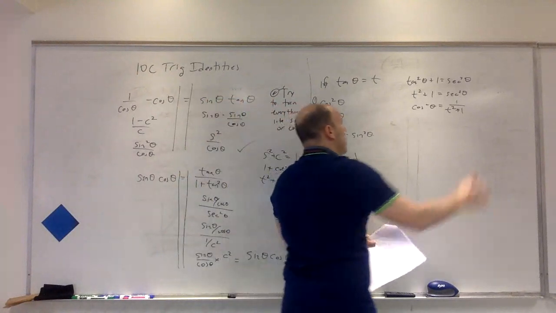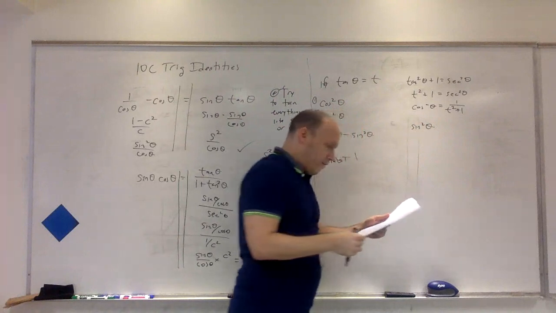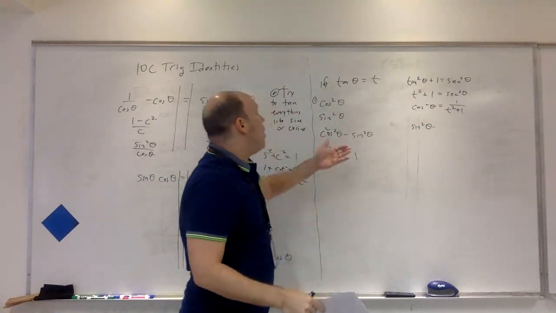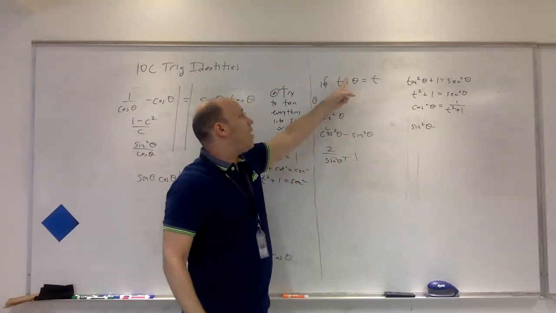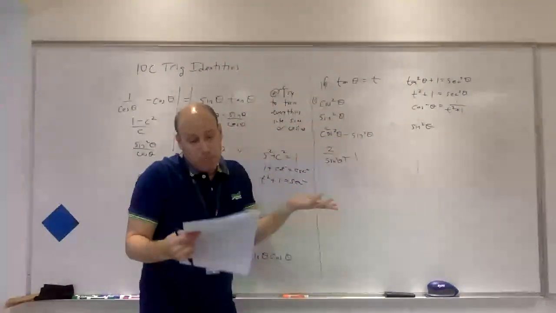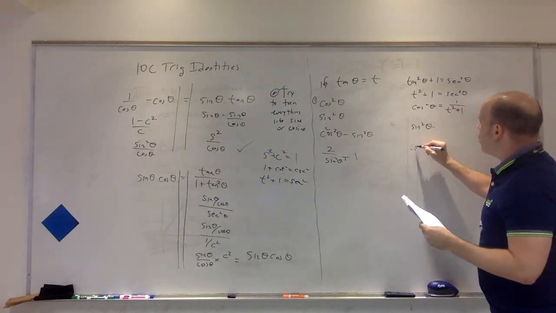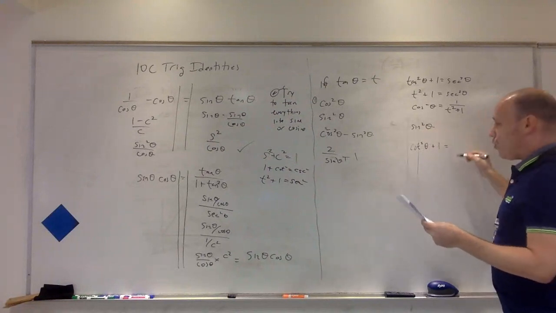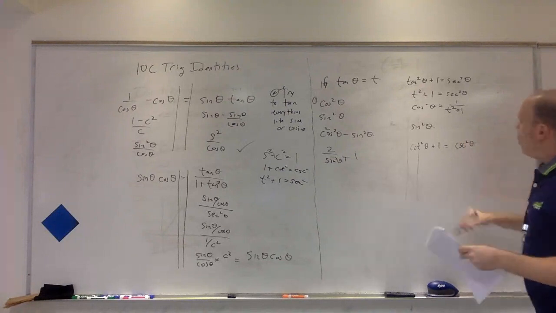Okay, well, what's sine squared theta? Same idea. You don't know that tangent is related to sine, but you know that cotangent is related to cosecant, right? So I'm going to write that down. Cotangent squared of theta plus 1 is equal to cosecant squared theta.